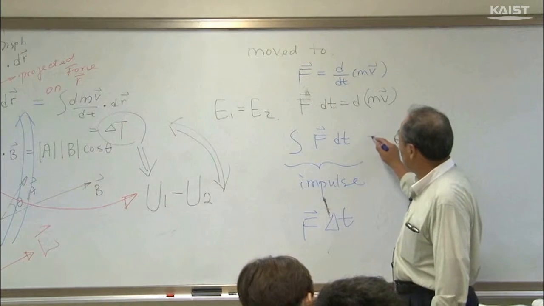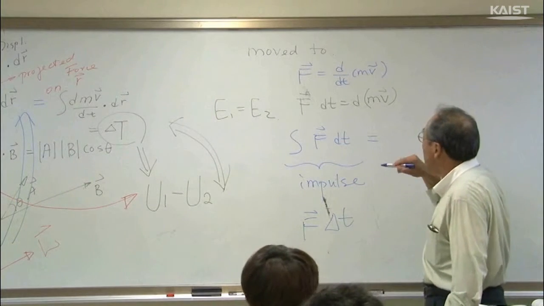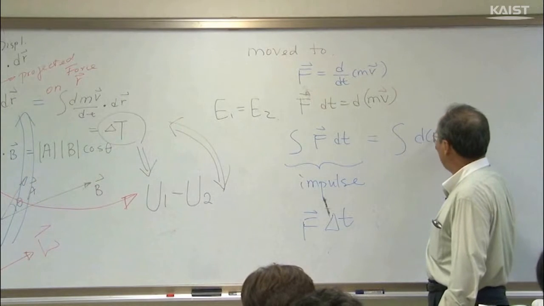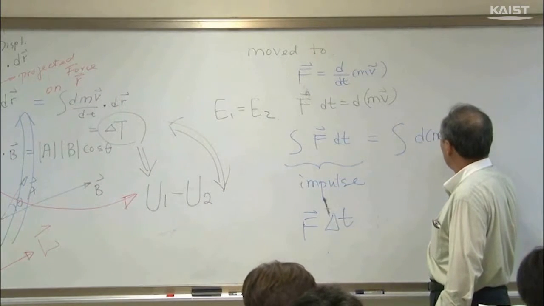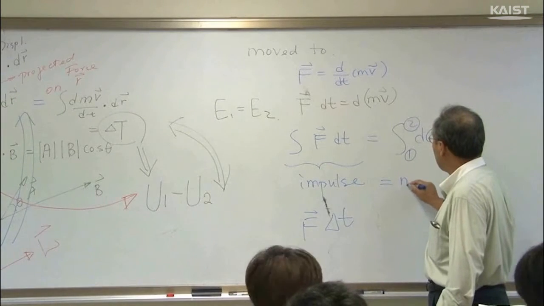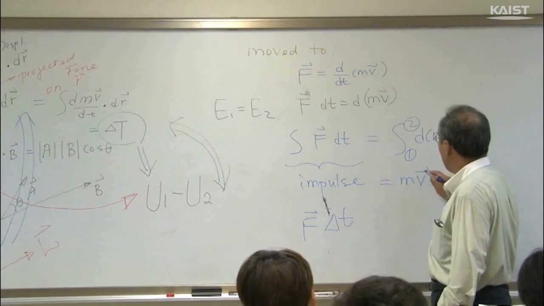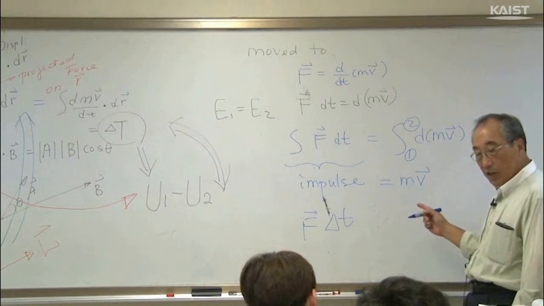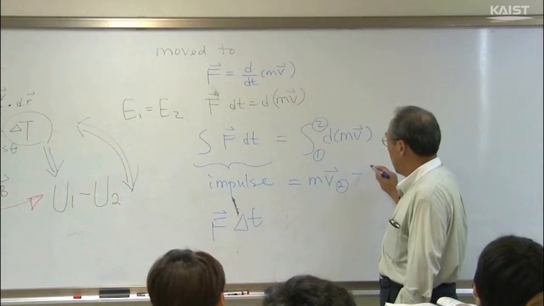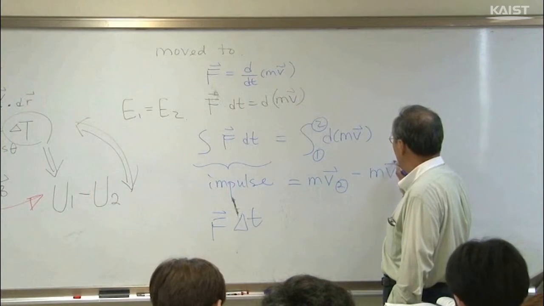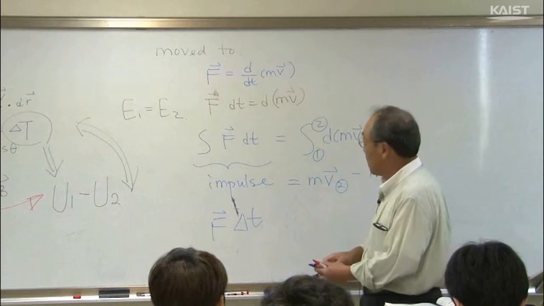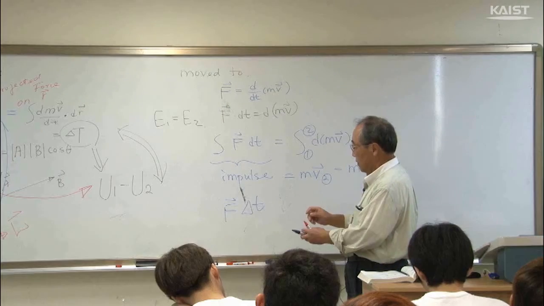This will induce the integration of d(mv) from 1 to 2. Therefore, I can write this as mv2 minus mv1 if mass is constant. So again, principle of impulse and momentum.